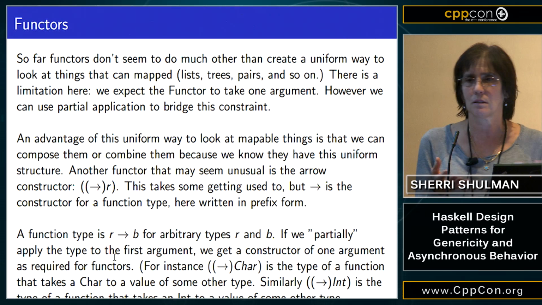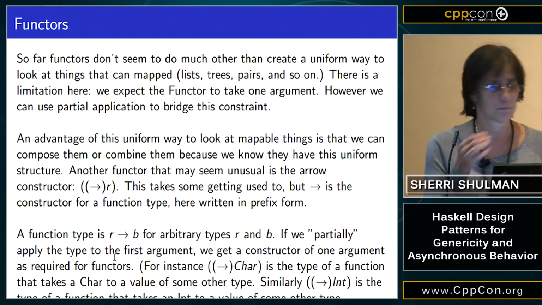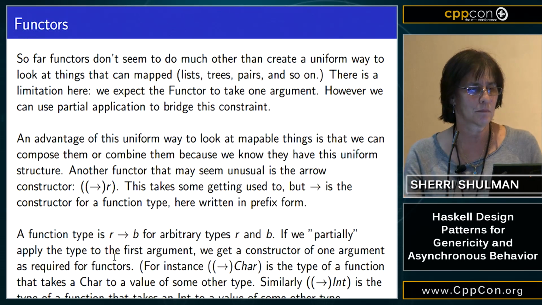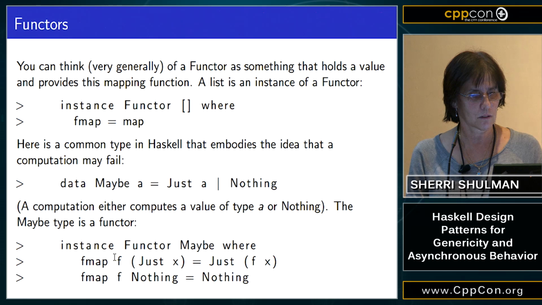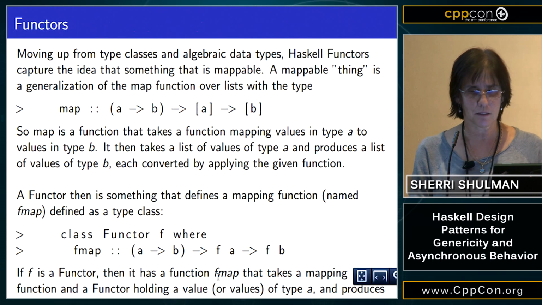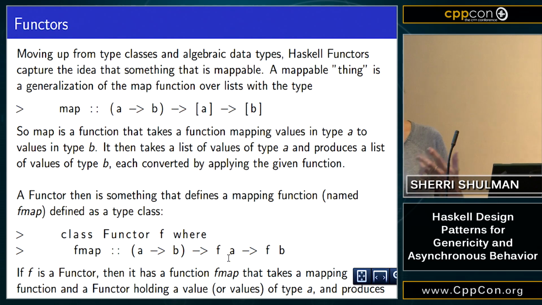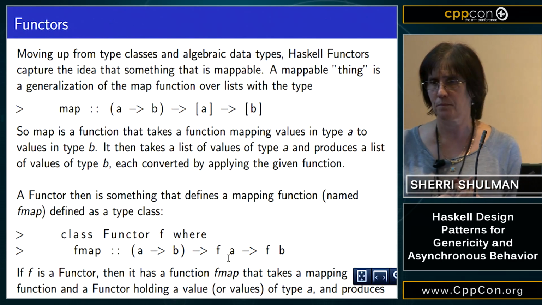We already saw that even something so little as a Maybe type, which holds just one thing, can be mapped. There's a limitation here. We expect the functor to take one argument. When we talked about it, our functor only took one argument, the f a. So a functor can only be specialized to something that can be described in one argument.